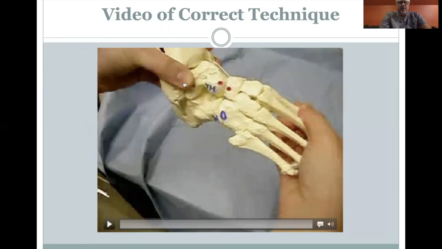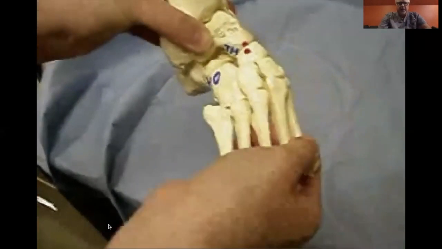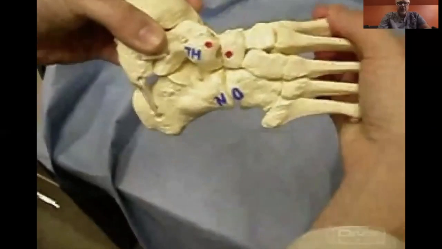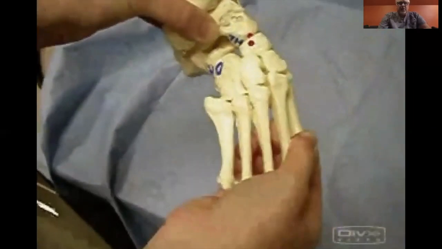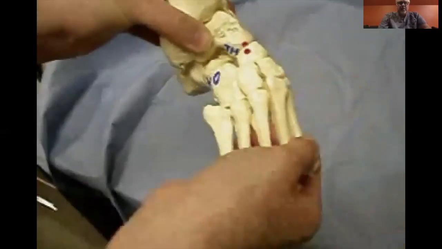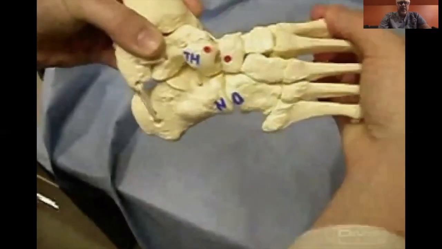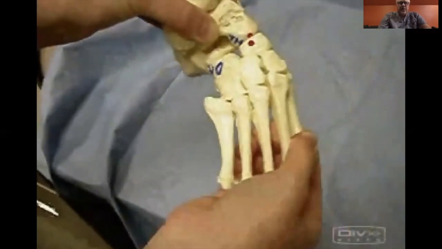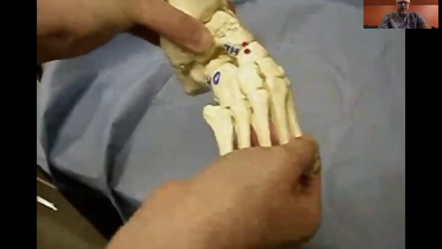With the Ponseti method, we're going to use the stabilized talus as a fulcrum. Then we're going to move the entire foot in supination and abduct it against that fixed talus. So here we go. You can see how those red dots start to move and get back into position. And you're moving the entire foot as a unit around the stabilized talus.